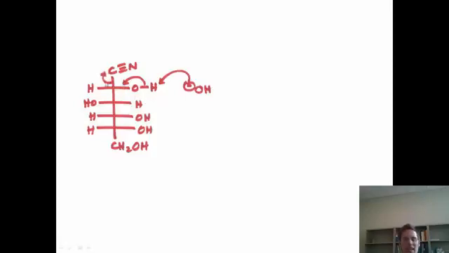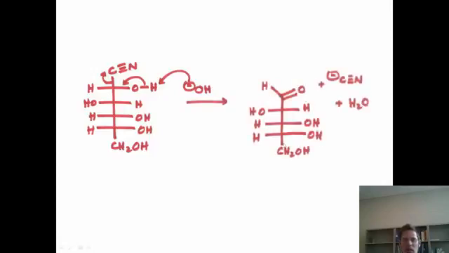When it does that, it kicks off cyanide as a leaving group and gives me this product, cyanide and water. So once again, you can see through this whole sequence, the effective result is that I've taken my initial sugar, my aldose, and removed one carbon in the chain and generated an aldose that is one carbon shorter.